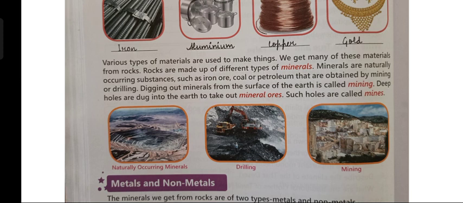So, children, deep holes are dug into the earth's surface to take out mineral ores, and these holes are known as mines. So, children, when we dig very large holes into the ground to take out these minerals, that process is known as mining, and the holes from which we take out the mineral, that is known as a mine.